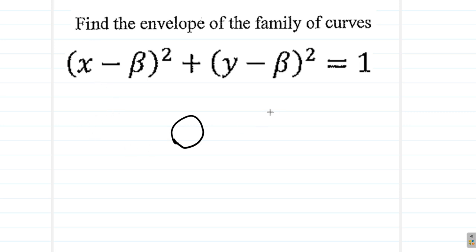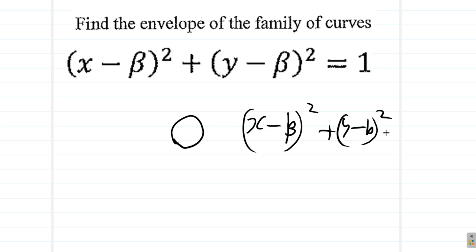So the general equation for a circle is (x minus, in this case I'm going to use beta, since we have beta already) squared plus (y minus beta) squared equals r squared.